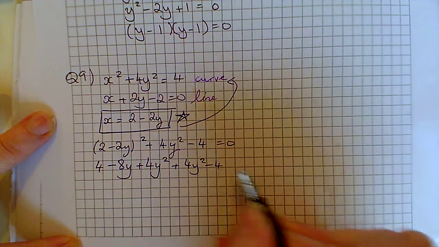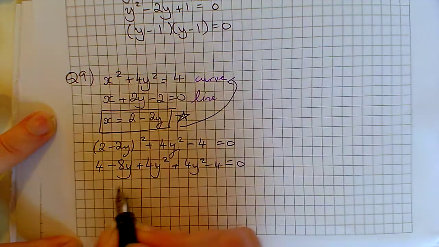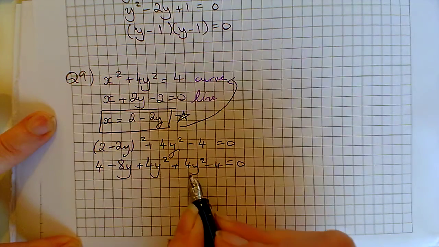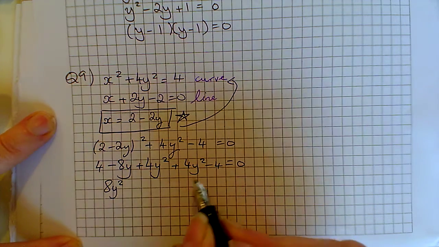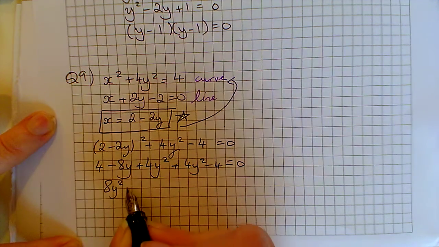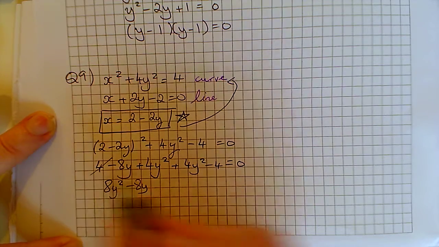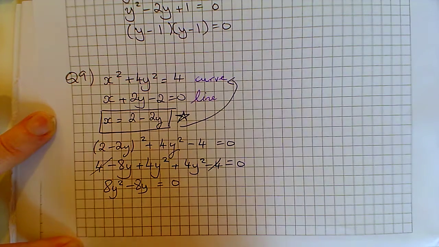Plus 4y squared minus 4 equal to 0. And this simplifies to 4 plus 4 is 8, 8y squared, minus 8y, and 4 minus 4, they cancel.